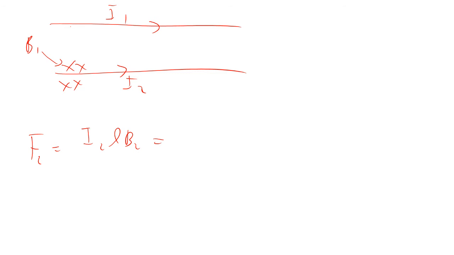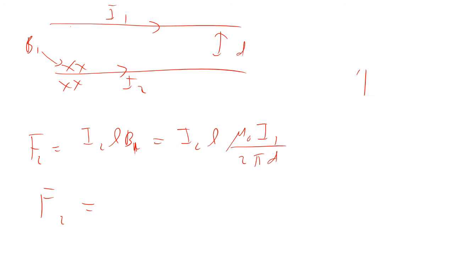So that's going to be I2 times L times mu naught I1 over 2 pi d, because I said that separation was d. And so the force here is going to be upwards.